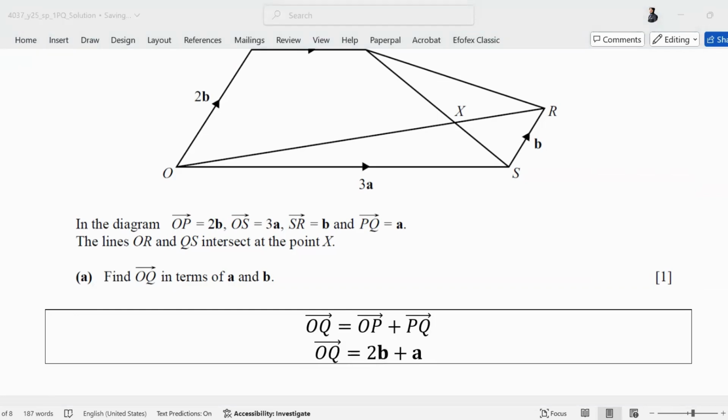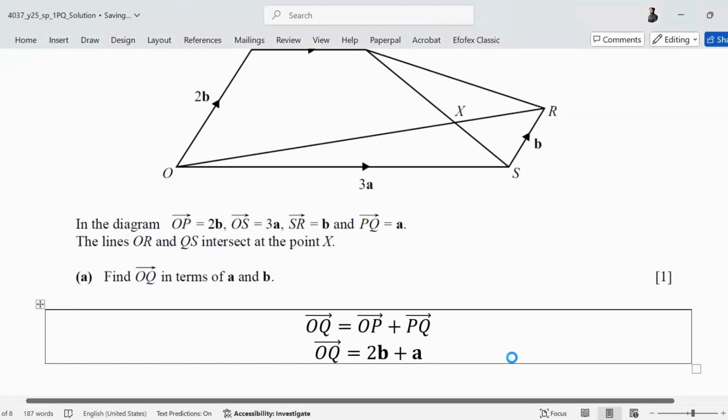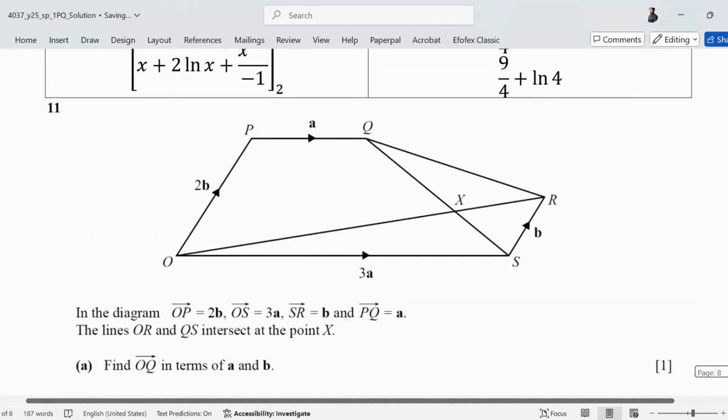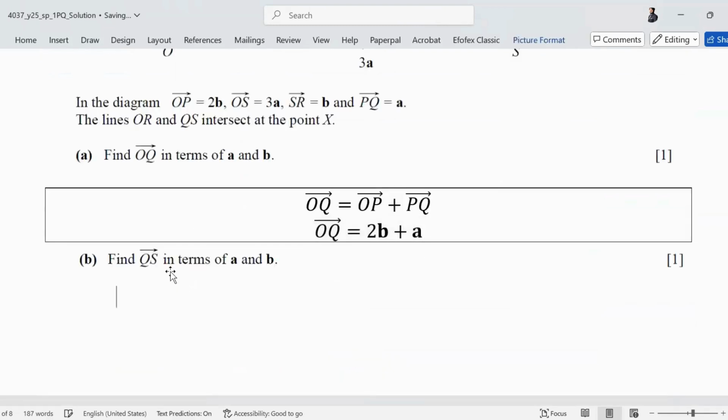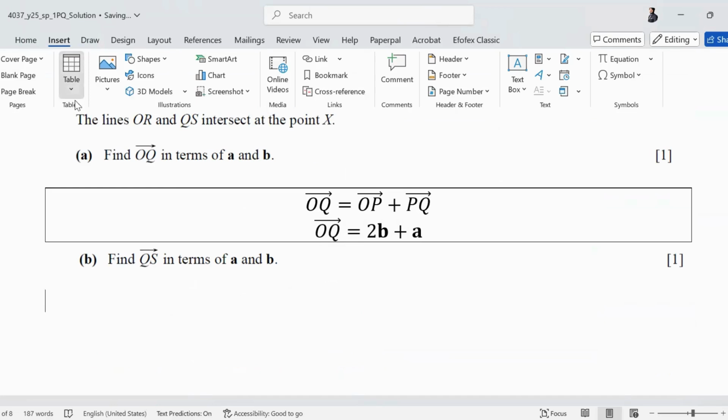Next is find QS in terms of A and B. So I need to go from Q to S. I'll go QP first. You must have the figure in front of you to help you understand better.